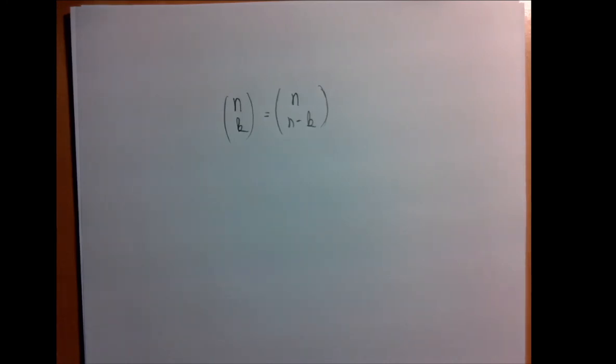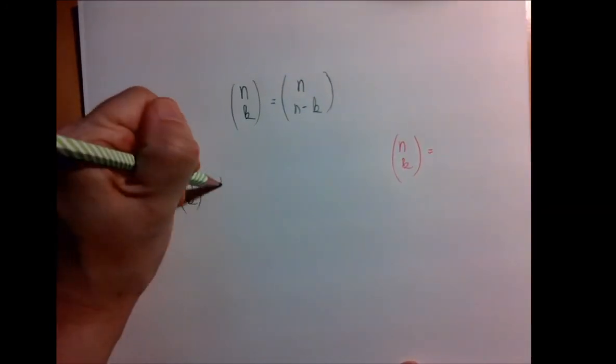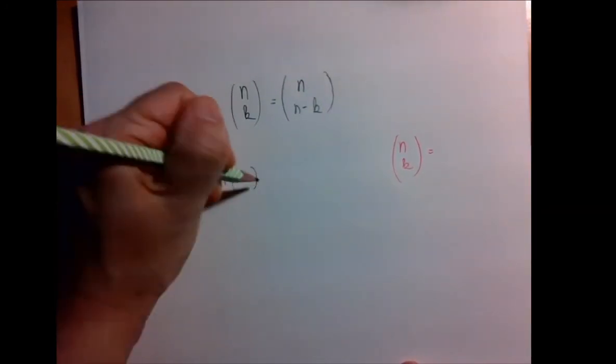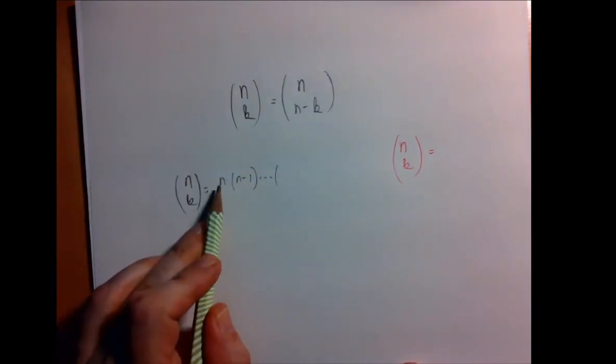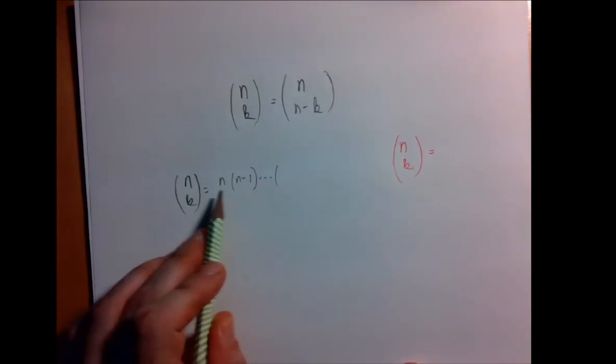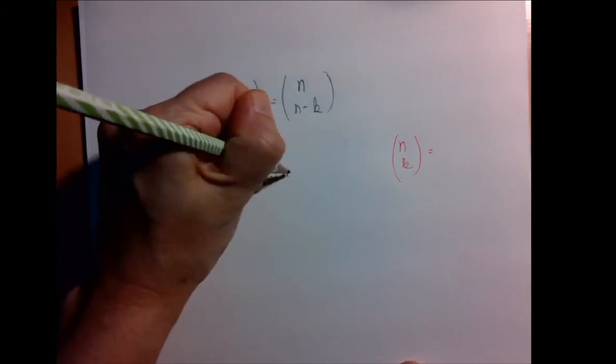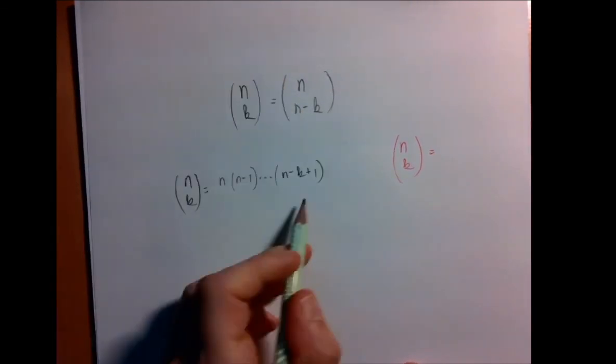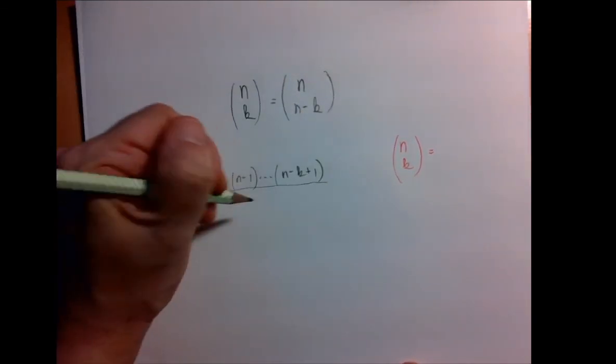This other form of combination, n choose k, was n times n minus 1 times all the way till we have k numbers here, but we start from 0, so it's n minus k plus 1, divided by k factorial.